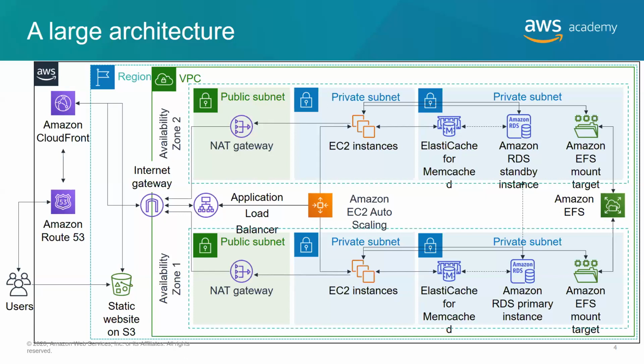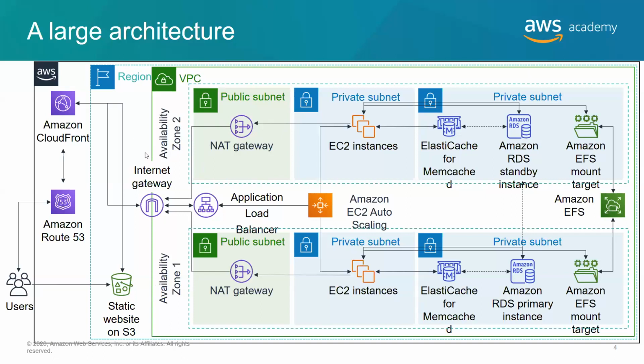Got it. Inside the region, we have a VPC, which we call a virtual private cloud. Inside it, we have availability zones, since the VPC spans availability zone 1 and availability zone 2.